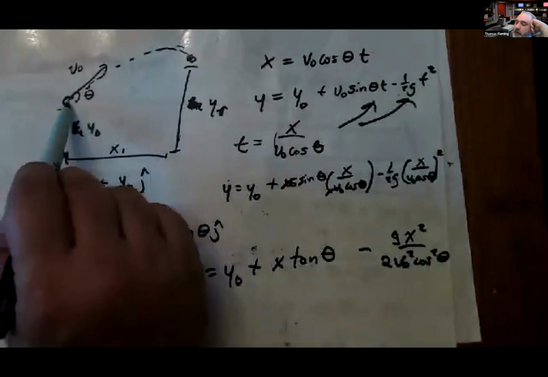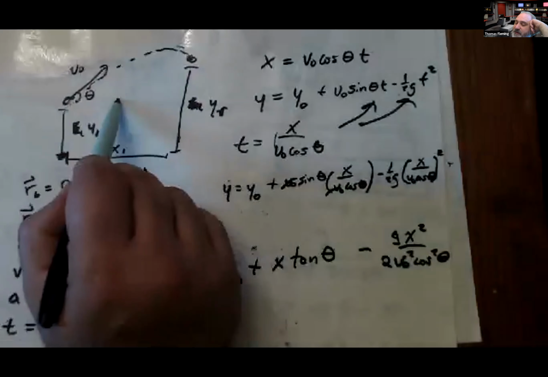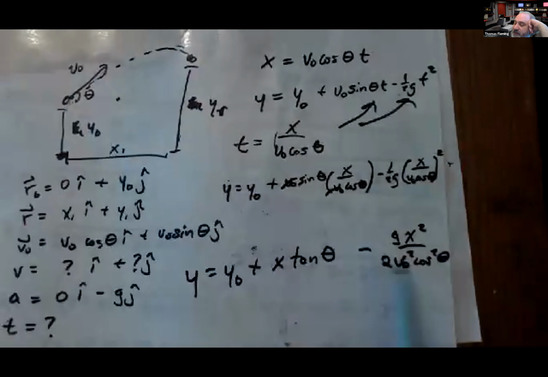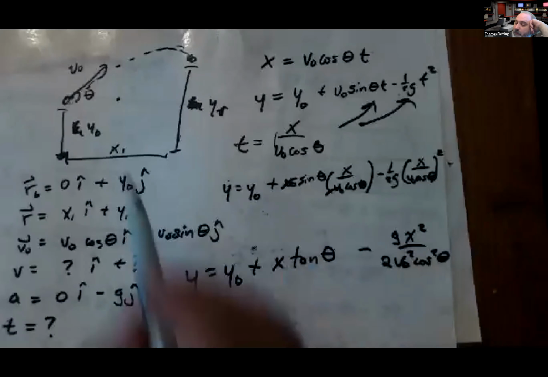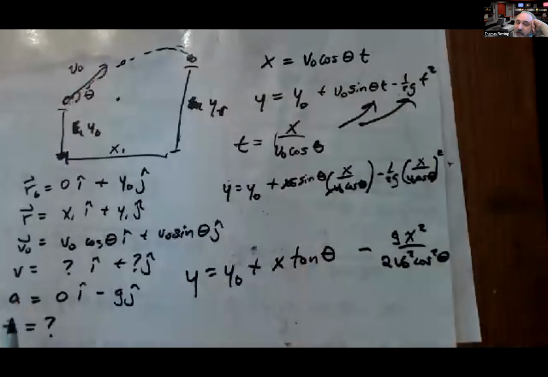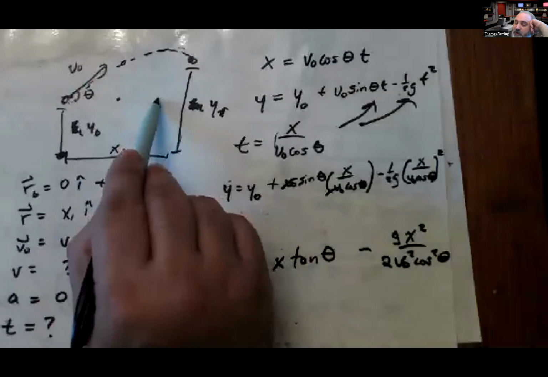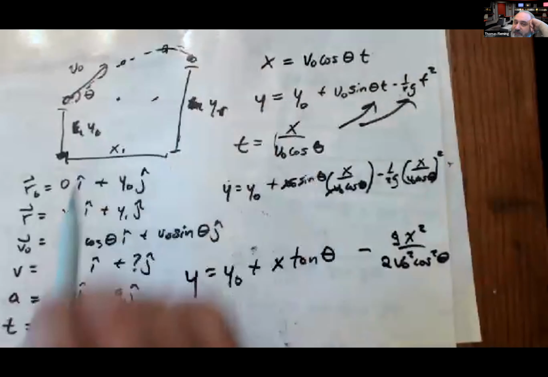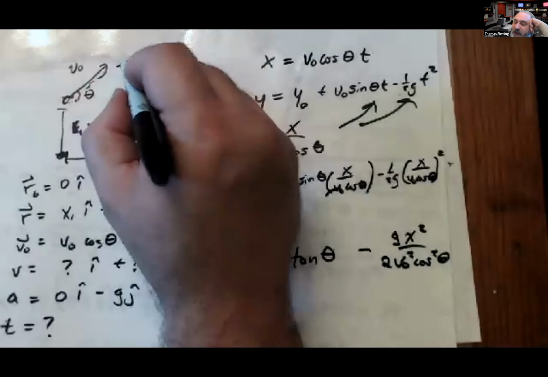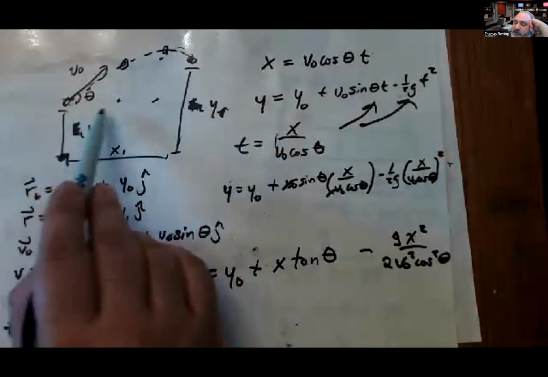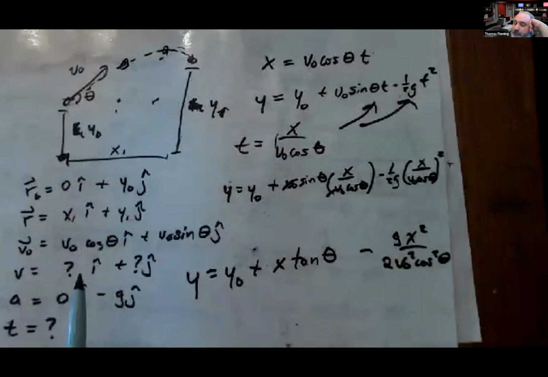If I pick a value for x and plug that value in, it'll tell me how high the projectile is at that moment. So it's telling me what this height is as a function of x.